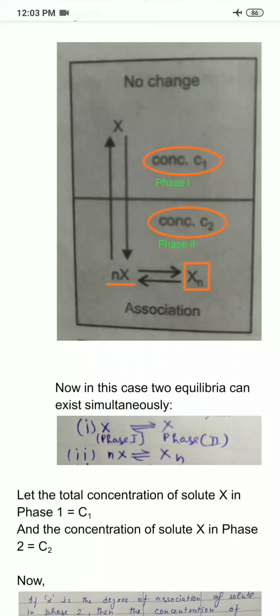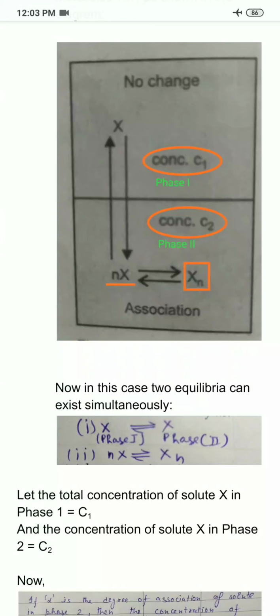Now as the solute can go from phase 1 to phase 2, I can say that it will be in equilibrium between the two phases. Now in phase 2, if it is undergoing association, then I can write n molecules of capital X, or solute molecules, are forming a complex Xn.